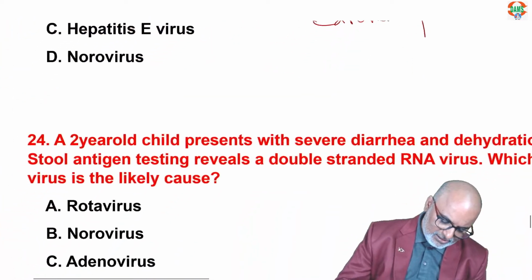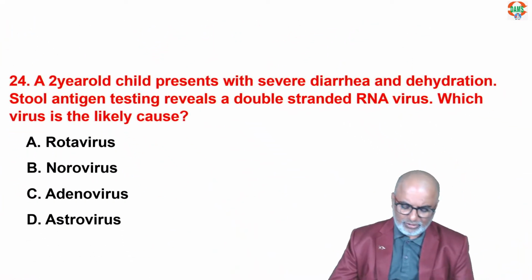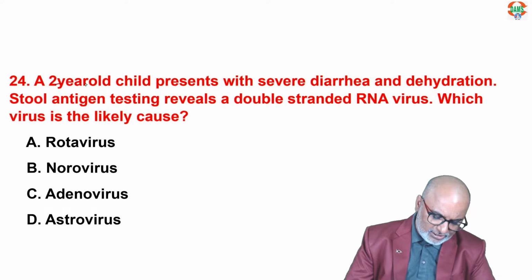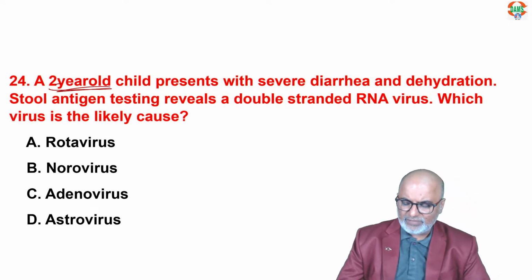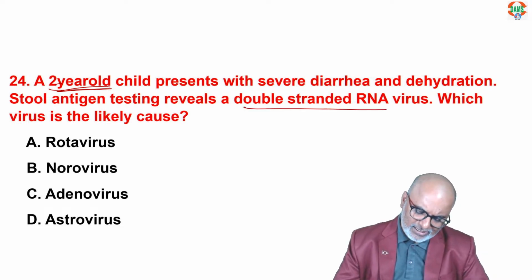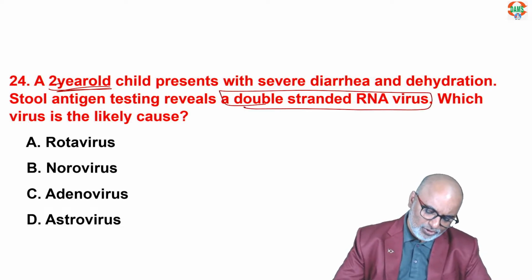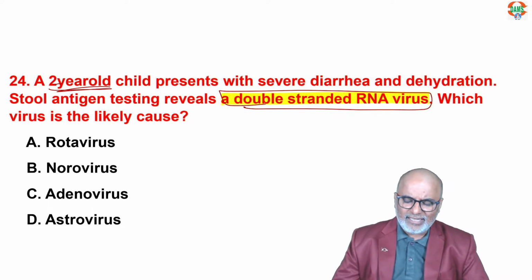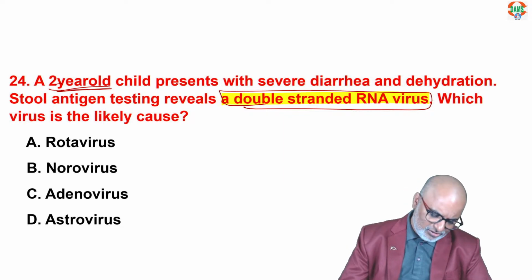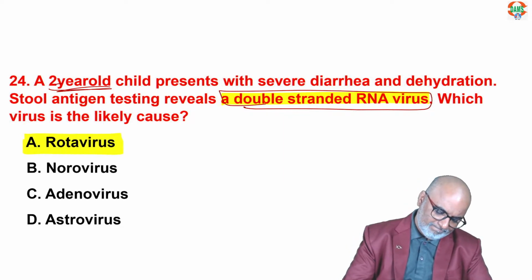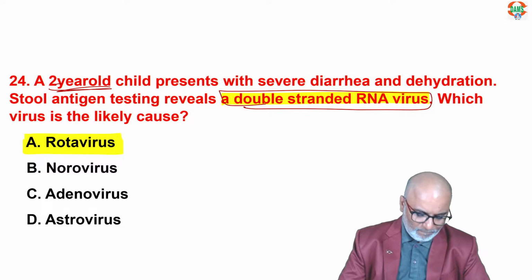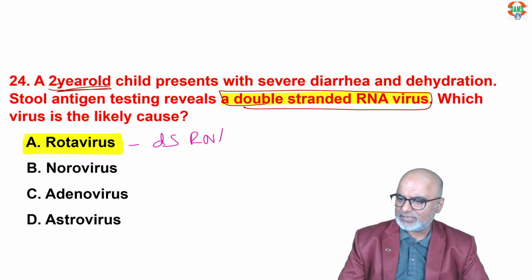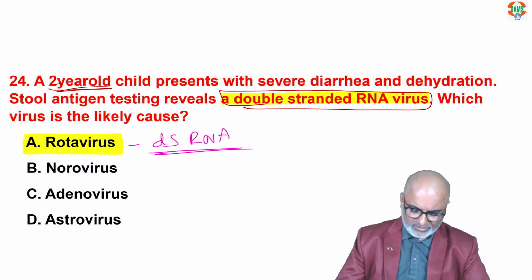Next is a 2-year-old child, very important, presenting with severe diarrhea and dehydration. Stool antigen test reveals a double stranded RNA virus. That's a clue. One and only double stranded RNA virus which causes infantile diarrhea is rotavirus.